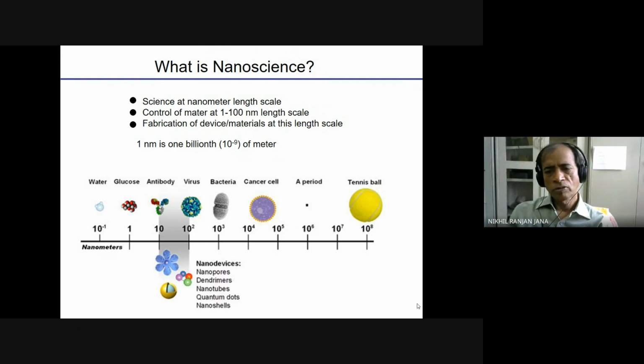We have some idea about tennis ball size, size of a dot or spheroid, which we can see with our eyes. We have some idea about bacteria, virus. They are very small. We can't see them with our own eyes, but we can see them under a microscope. These are conventional optical microscopes. Remember, optical microscopes are very common, but electron microscopes, the modern day microscopes, let us see much smaller things.